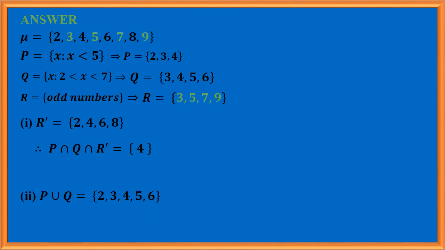Then intersection R'. Which elements can we find here and find in R'? So I have 2, 2, we have 4, 4, we have 6 here, 6 there. So therefore, (P ∪ Q) ∩ R' is 2, 4, and 6.